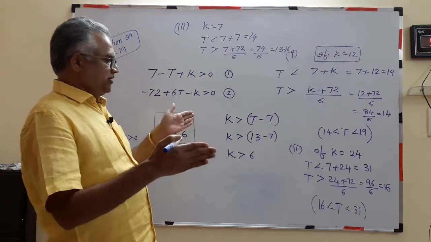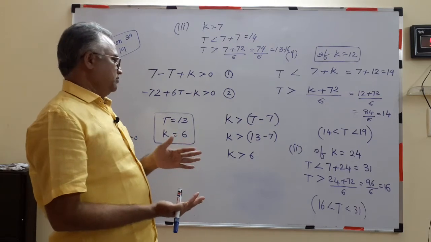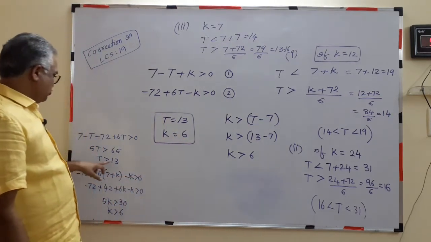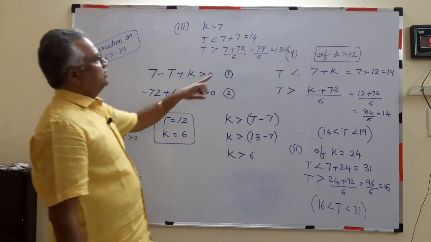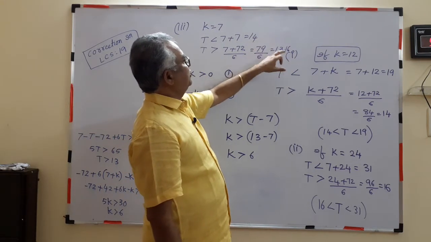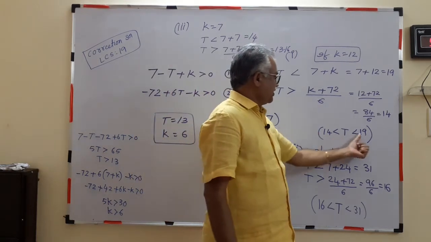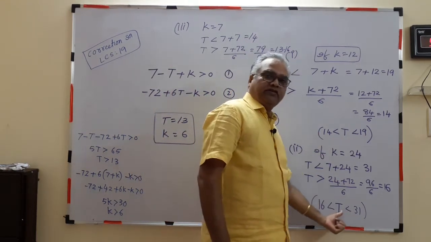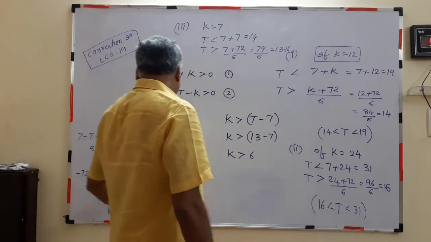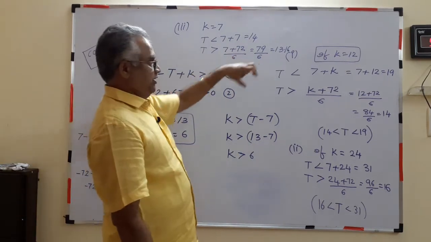So the range of t depends on the value of k. Ultimately t should be greater than 13. Here it is coming between 13.16 and 14, which is anyway greater than 13. This is also greater than 13, this is also greater than 13. But greater than 13 you can't take as indefinite, it depends on k.